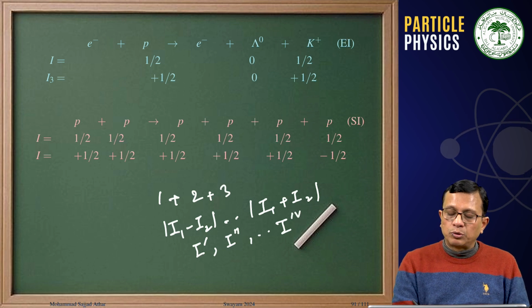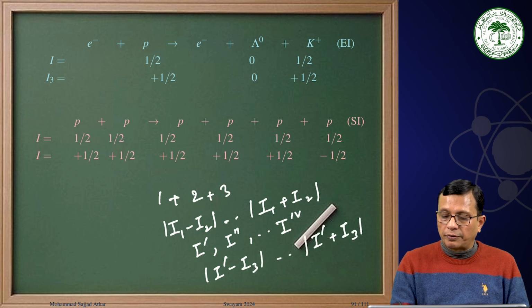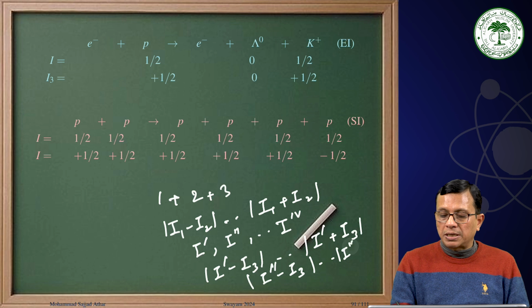And then I have to consider the third. Therefore, this will be I prime minus I3 to I prime plus I3 in steps of unity, I double prime minus I3 to I double prime plus I3, and similarly I4 minus I3 to I4 plus I3.